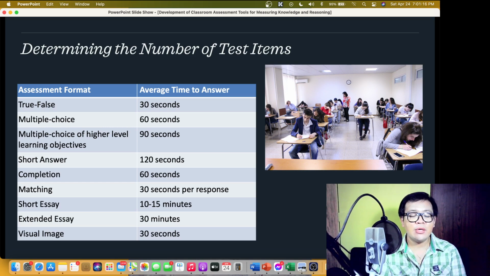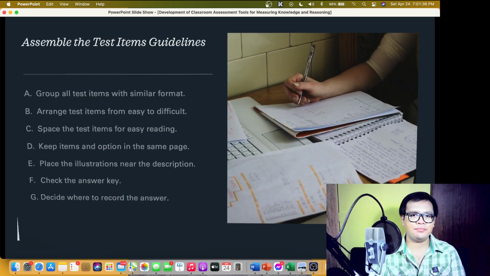Multiple choice of higher level learning objectives could be 90 seconds. Short answers could be 120 seconds perhaps. Completion, 60 seconds. Matching type, 30 seconds per response. Short essay could be 10 to 15 minutes, depending on the number of words that you would like to require. Extended essay, which is 30 minutes, and visual image, which is more into 30 seconds.